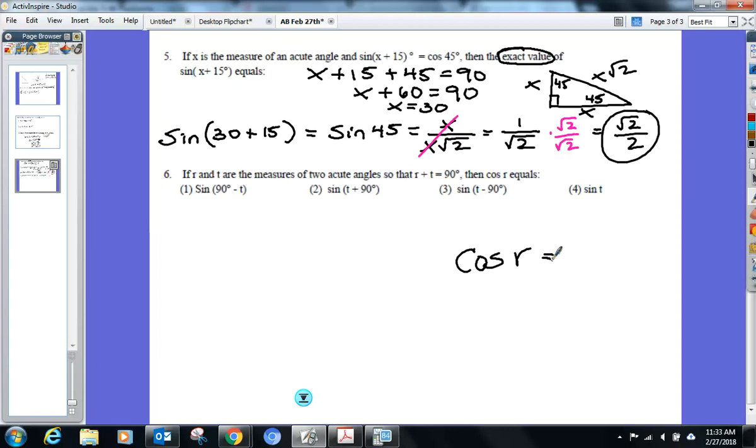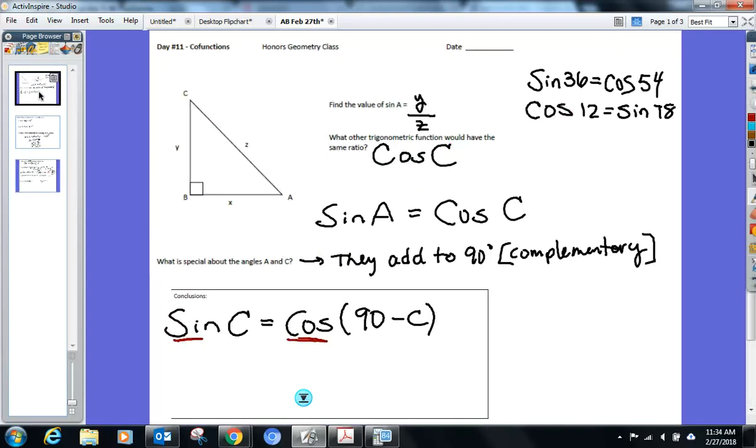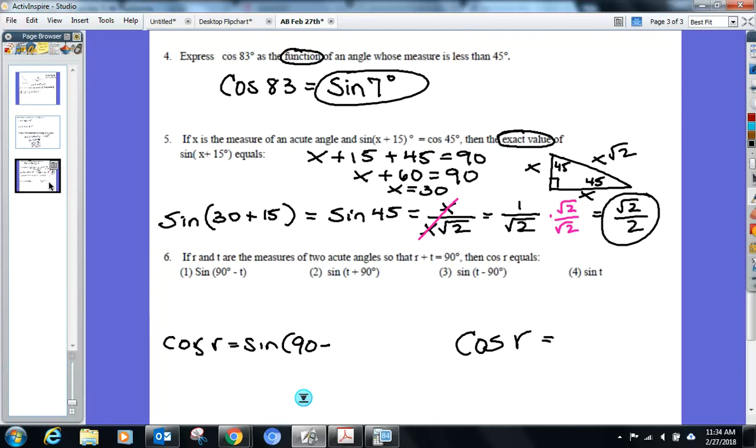A lot of people pick one. Is that right? No. Here's why. It wouldn't be 90 minus T. Cosine of R would be equal to the sine of 90 minus. Right? So what should this be equal to? It should be 90 minus, not T, but, okay, so it can't be that one.